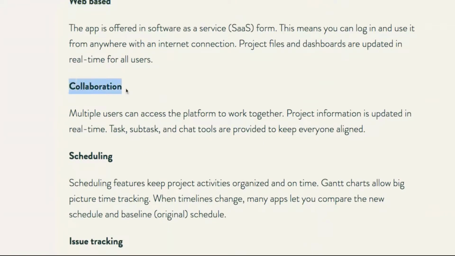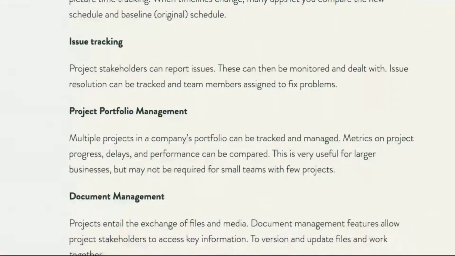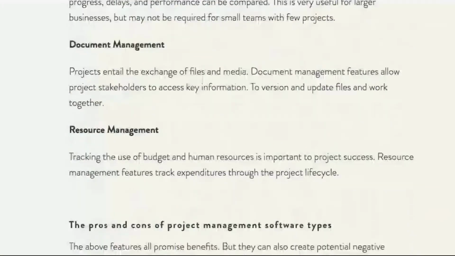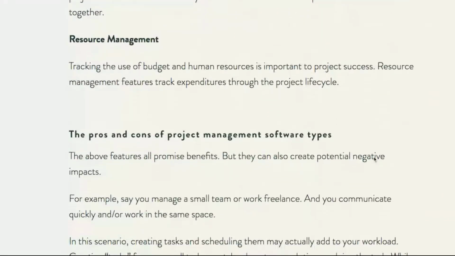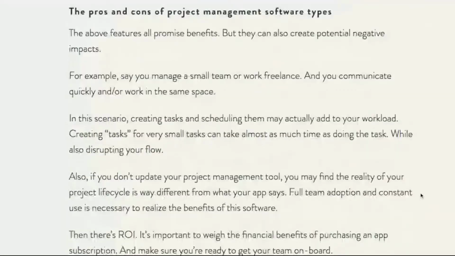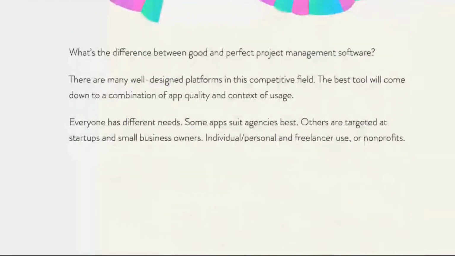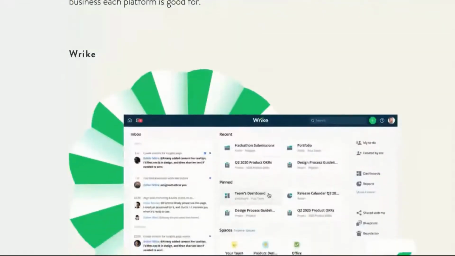Then there are collaboration-type tools. Multiple users can access the platform and work together: scheduling, issue tracking, portfolio management, document management, resource management. All of those things that a good project management tool should have.